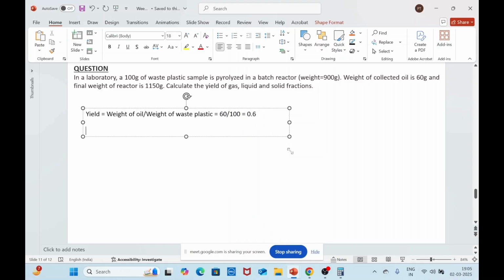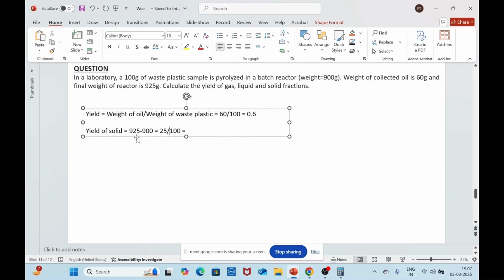Then you have to calculate the yield of liquid. Oh, sorry, this is the weight of oil. So oil is the liquid, so that you can get as 0.6. Then the weight of solid you have to calculate.